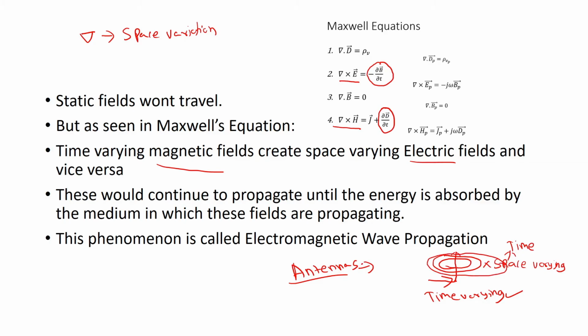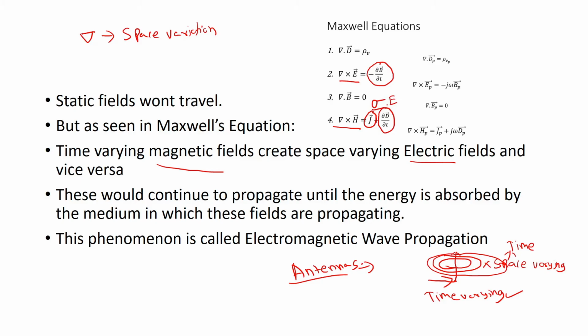And the space varying magnetic field is also going to be time varying, and it is going to produce a space varying electric field, and these continue to propagate until all the energy inside these fields has been removed, as the conduction loss J is sigma E.